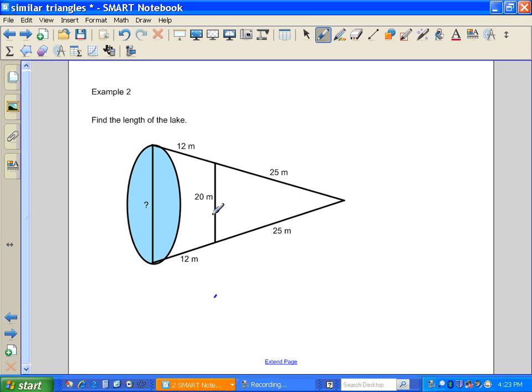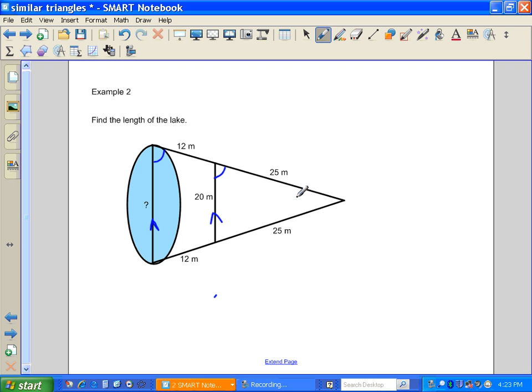Well, if we assume that this line is parallel to this line, these two little triangle arrows indicate that the two lines are parallel. And if this line here is a transversal, then we can say that this angle is congruent to this angle because they're corresponding.